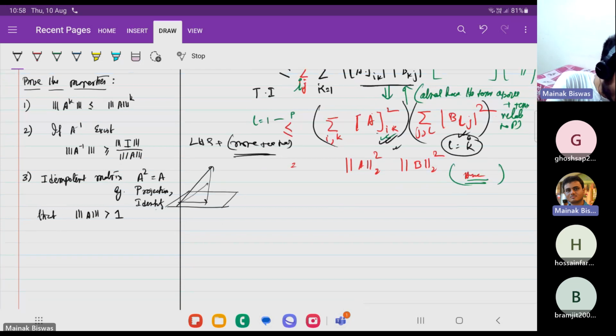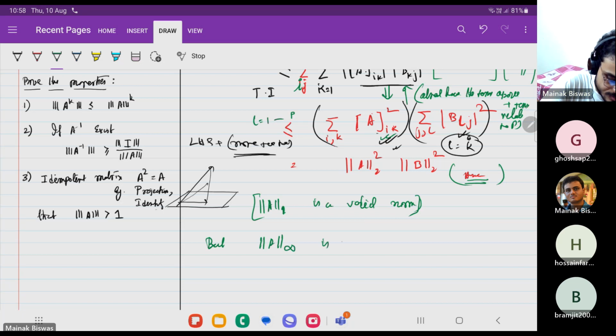As you were asking, similarly, the A1 norm is a valid norm. You can check. But A infinity is not a valid matrix norm.